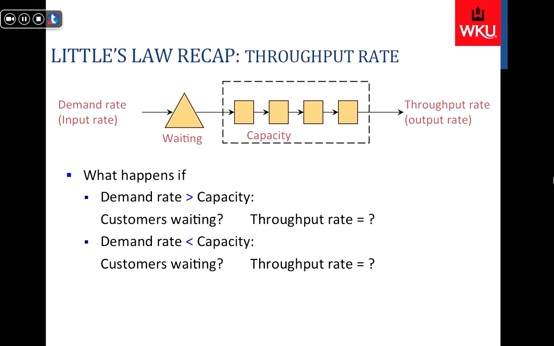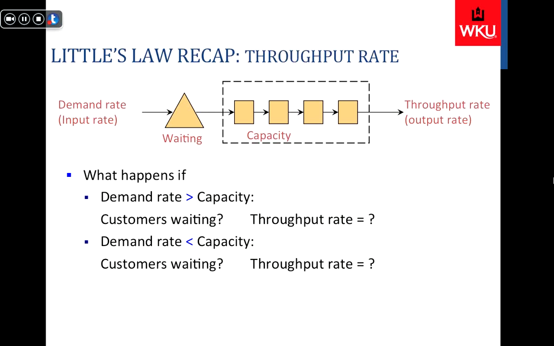Let's say you have a restaurant and you can serve 100 customers per hour, but during dinner time, let's say 8 to 9 p.m., you have 100 too many customers. Some customers will wait, right?